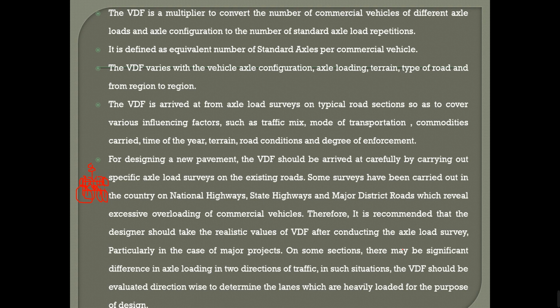In which of these two directions is the traffic going to be more predominant, exceeding the limitations, and which lane carries most of the loads? You have to assess it based on the axle load survey, depending upon which you will decide which lane has to be designed with the maximum thickness and which with the least thickness, without going for a constant thickness applicable for all the lanes.